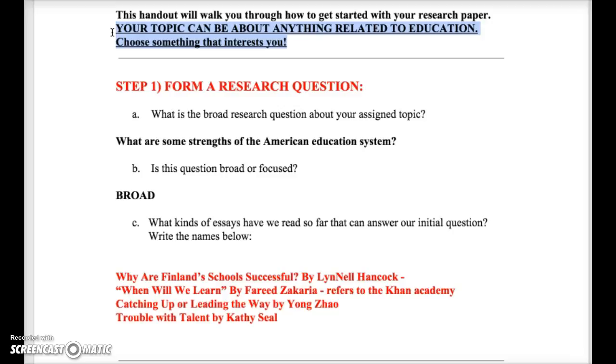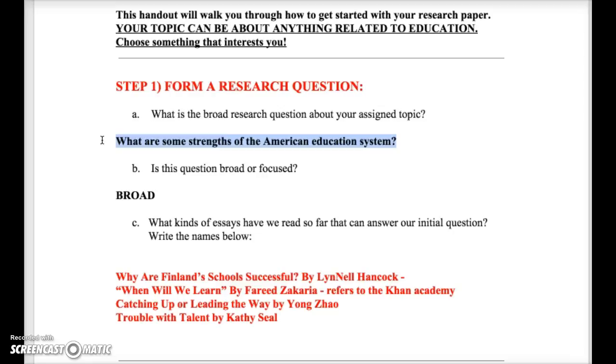So I have been thinking a lot about what I'm interested in, and I'm going to show you the process that I've gone through in researching this topic. So step one is to form a research question. The broad research question that I came up with was, what are the strengths of the American education system?